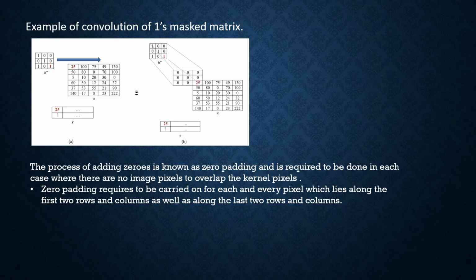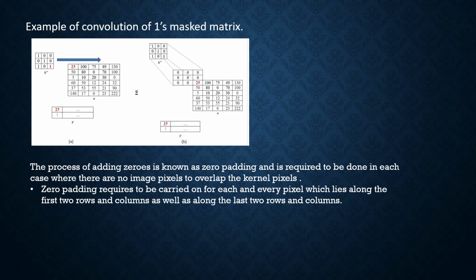Here we can see an example of convolution. Firstly, we have to do zero padding to the input image. The process of adding zeros is known as zero padding and is required in each case where there are no image pixels to overlap the kernel pixels.